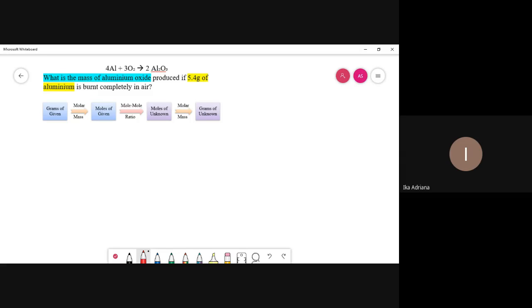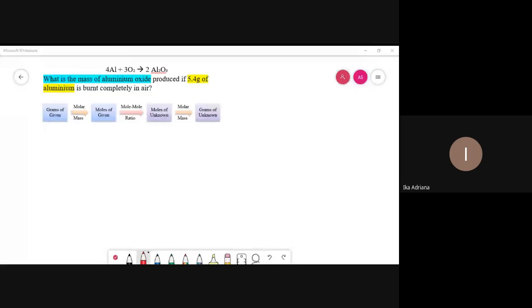Ataupun boleh jadi instead of mass, kita perlukan berapa banyak volume untuk buat sesuatu reaction tu. So ini yang kita nak belajar hari ni.